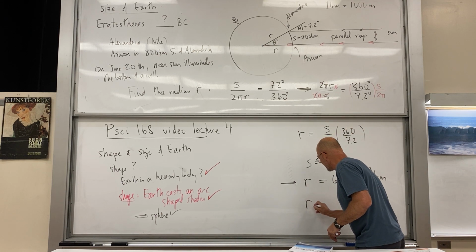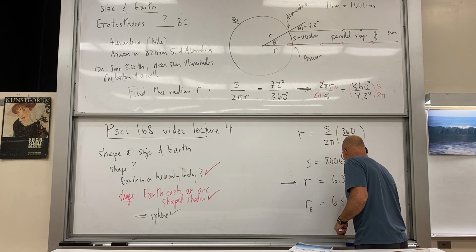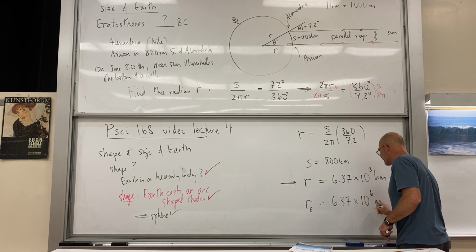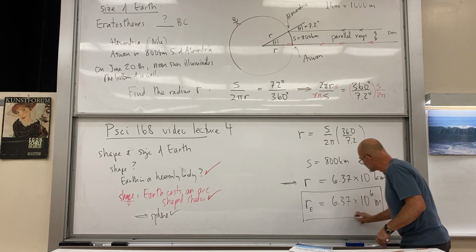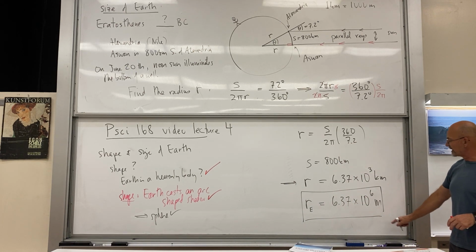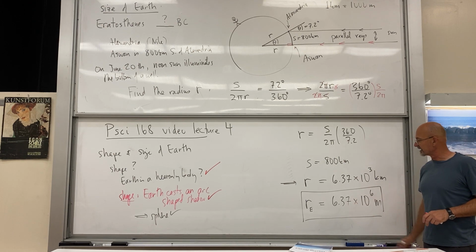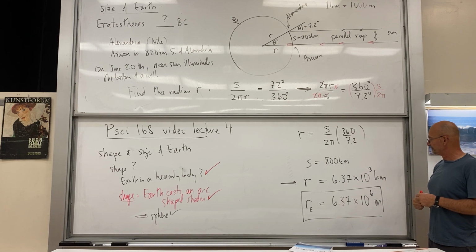And we'll go ahead and say radius of Earth is equal to 6.37 times 10 to the 6 meters. So we'll go ahead and express our astronomical quantities in scientific notation in meters. If it's off by a digit or two here, that's fine. Okay, this is rough numbers. This is the one we'll use.